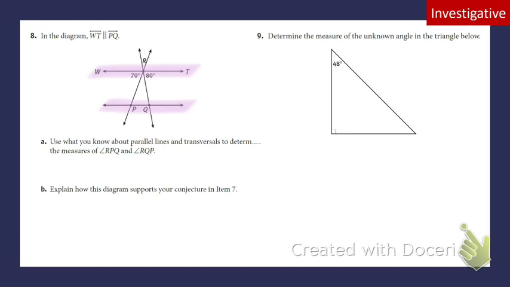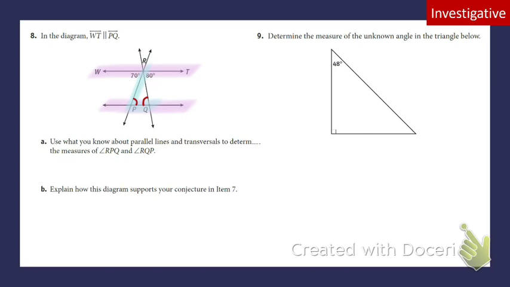So we are looking at this angle right here. And then we're going to figure out RQP. So RQP, we're going in the opposite direction, so we're going to figure out this angle right here. So we're going to figure out both of those angles.